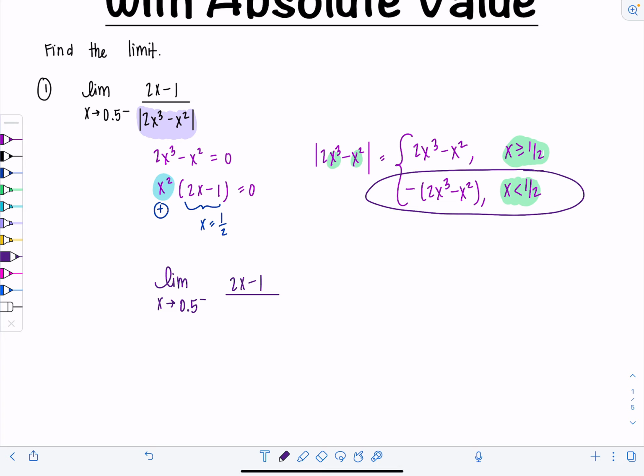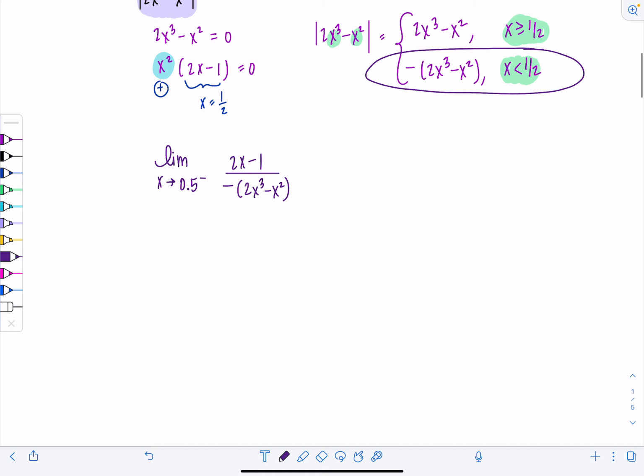So I'm going to replace the denominator with negative (2x cubed minus x squared). Notice I'm not able to plug in 1/2 right now because I would get a 0 in the numerator and a 0 in the denominator. But let's see if we can factor and then evaluate the limit.